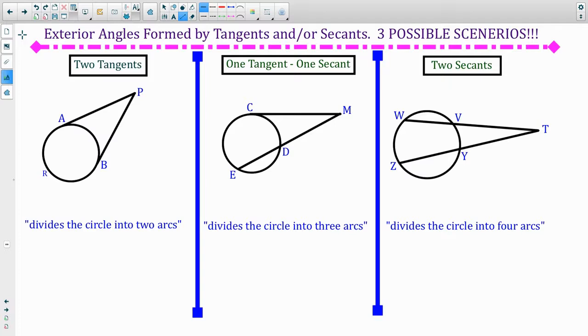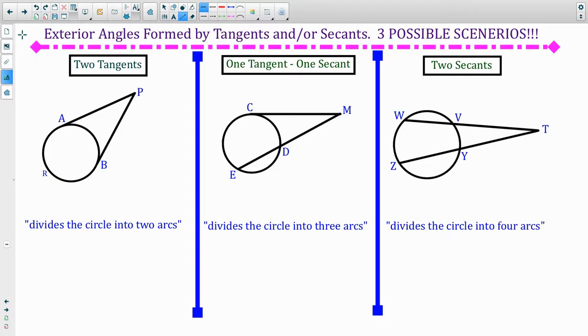Exterior angles formed by tangents and or secants lead to three possible scenarios that we're going to be dealing with. We can have a two tangent scenario, a one tangent and one secant scenario, or a two secant scenario. So let's look at the first one.